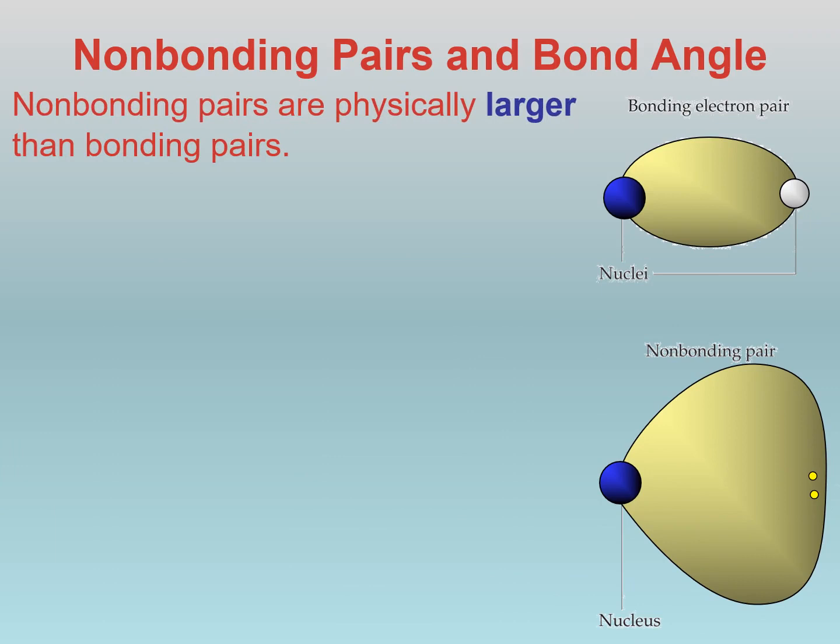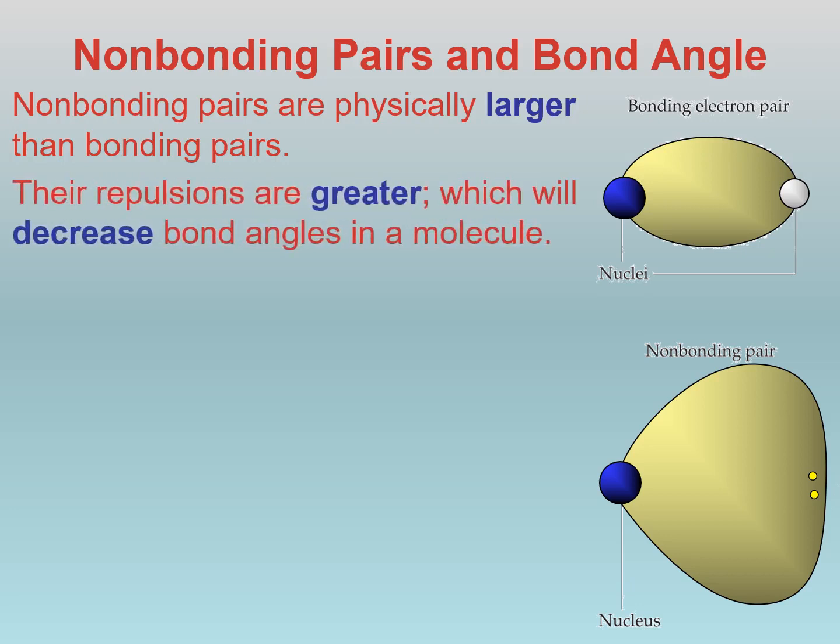A few things we've got left to talk about here: first, the effect of non-bonding pairs on the repulsion. The repulsions of non-bonding pairs are stronger than the repulsions of bonding pairs.